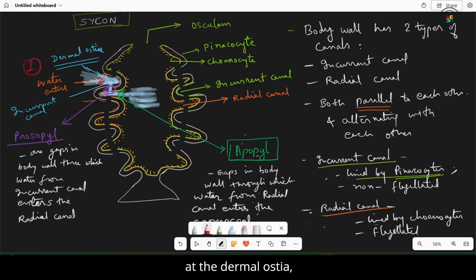Number two, at the dermal ostia, water enters into the incurrent canal, which is number three, and then from the incurrent canal, the water through the prosopyle enters into the radial canal, and from the radial canal it enters through the apopyle into the osculum. Okay, dermal ostia, incurrent canal, prosopyle, radial canal, apopyle and osculum.